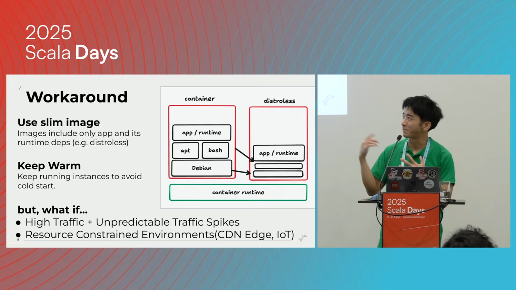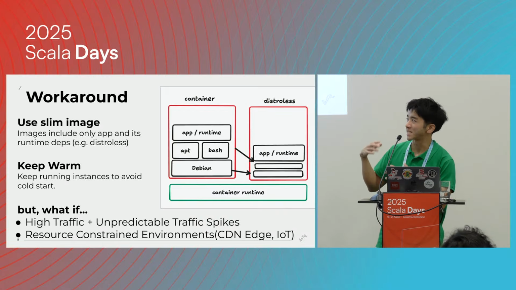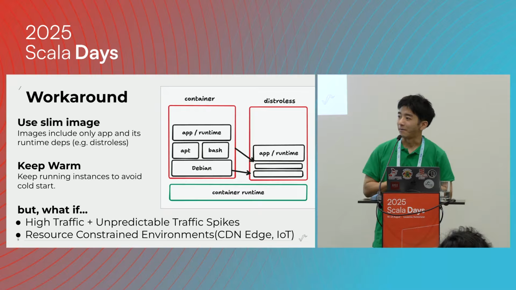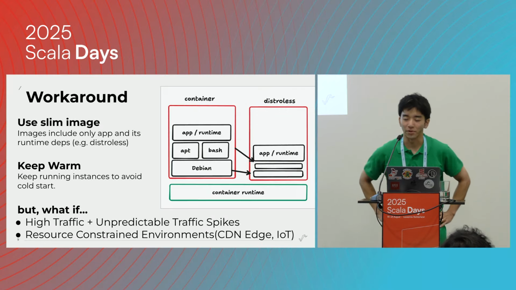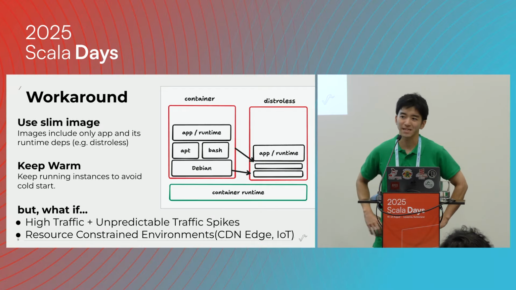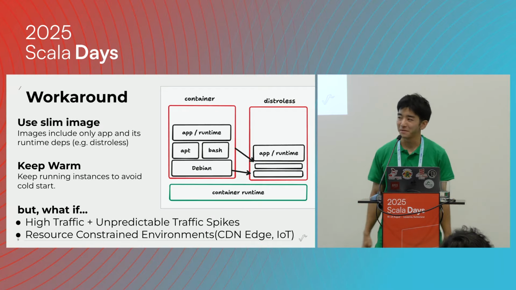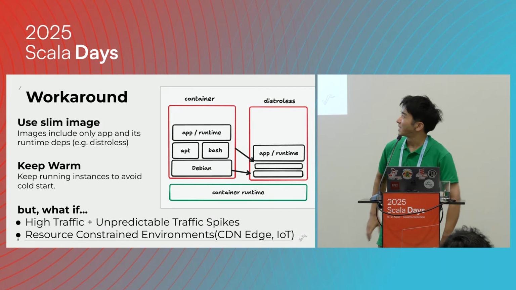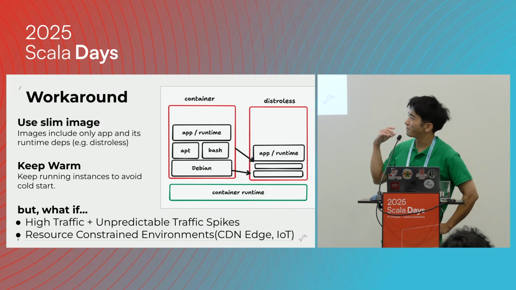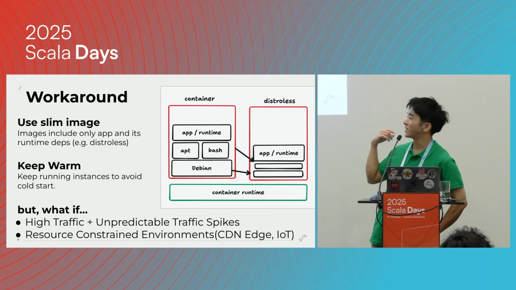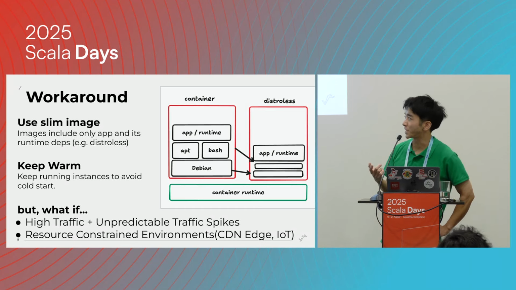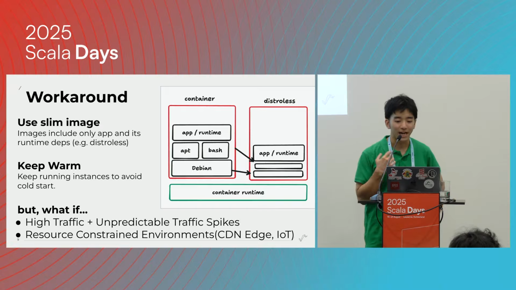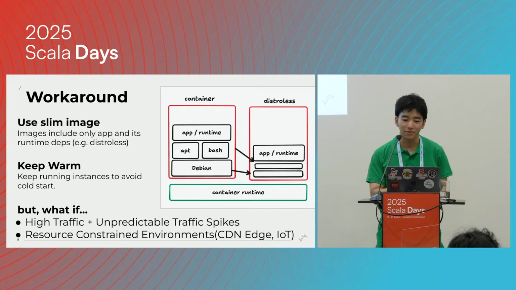In that case, keeping warmed-up instances can be prohibitively expensive, and a smaller container still takes some time to start up. So maybe it's not enough. And what if you are deploying part of your application to resource-constrained environments like CDN edge or IoT devices? The container is too big.